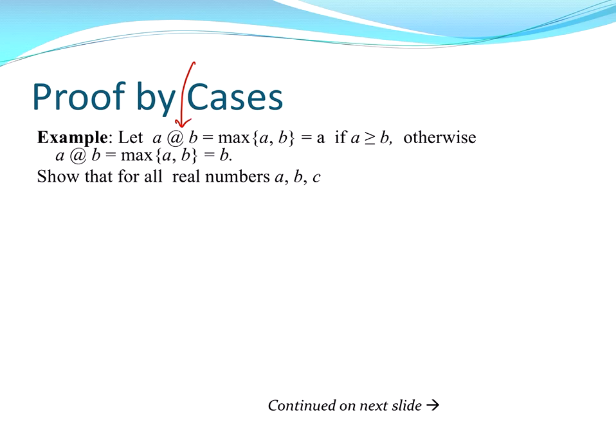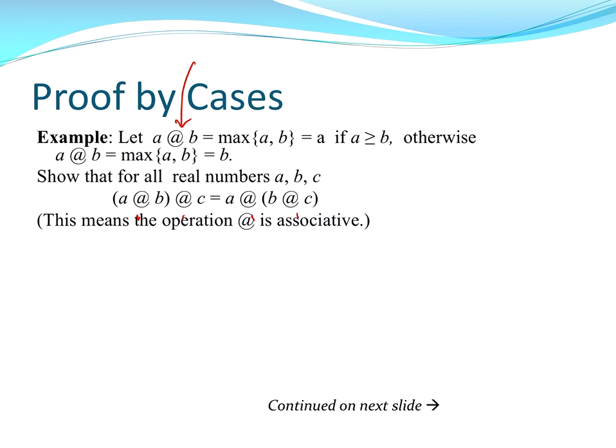And we want to show that for all real numbers a, b, and c, the result of the max of a and b, then taken with c, is the same as the result of the max of b and c, and the maximum of that result with a. In other words, that this at sign operator is associative.